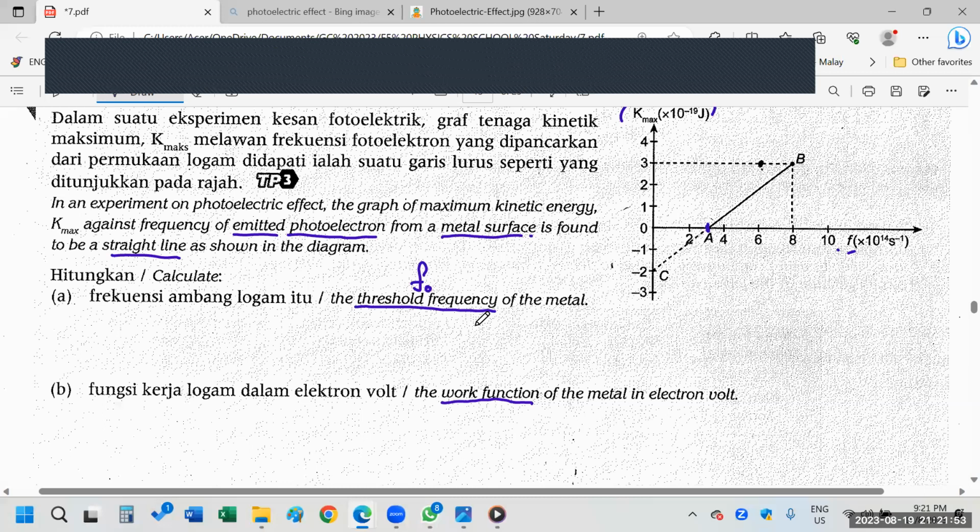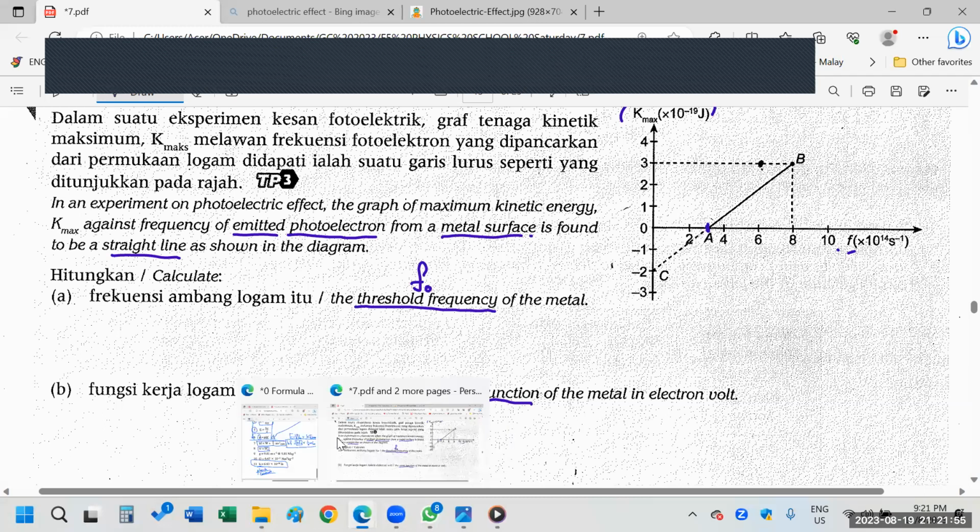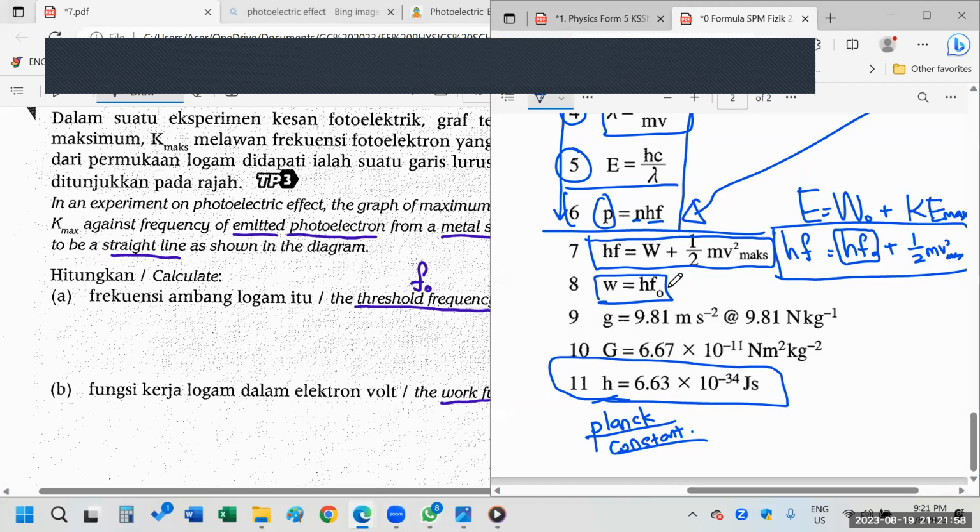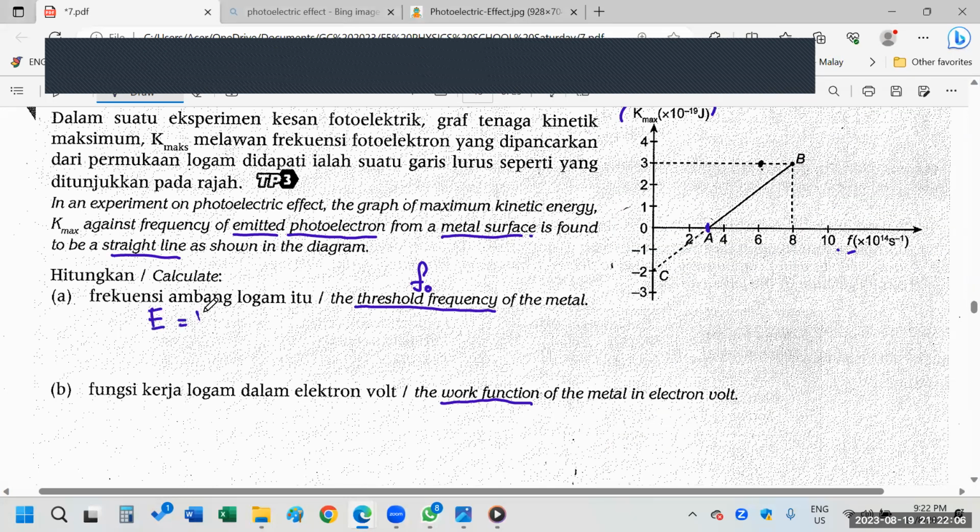Threshold frequency. hf equals W plus KE. So E equals W naught plus KE max. Okay, so what is E?